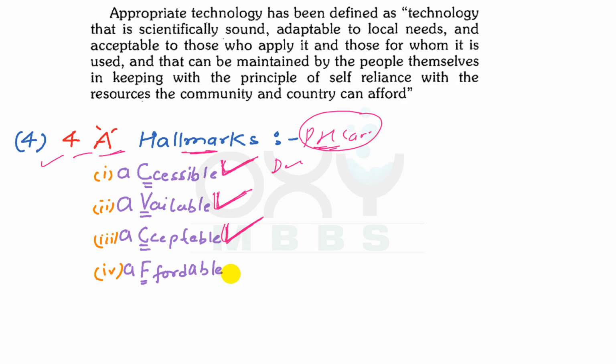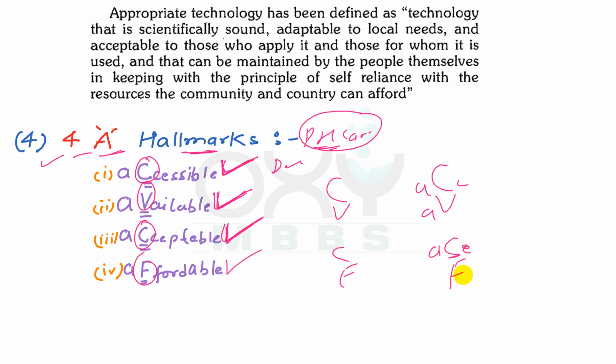And whatever treatment is given by the PHC to the patient should be affordable. So the mnemonic is CVCF. From this C it is accessible, from this V it is availability, from this C it is accepted, and from this F it is affordable.